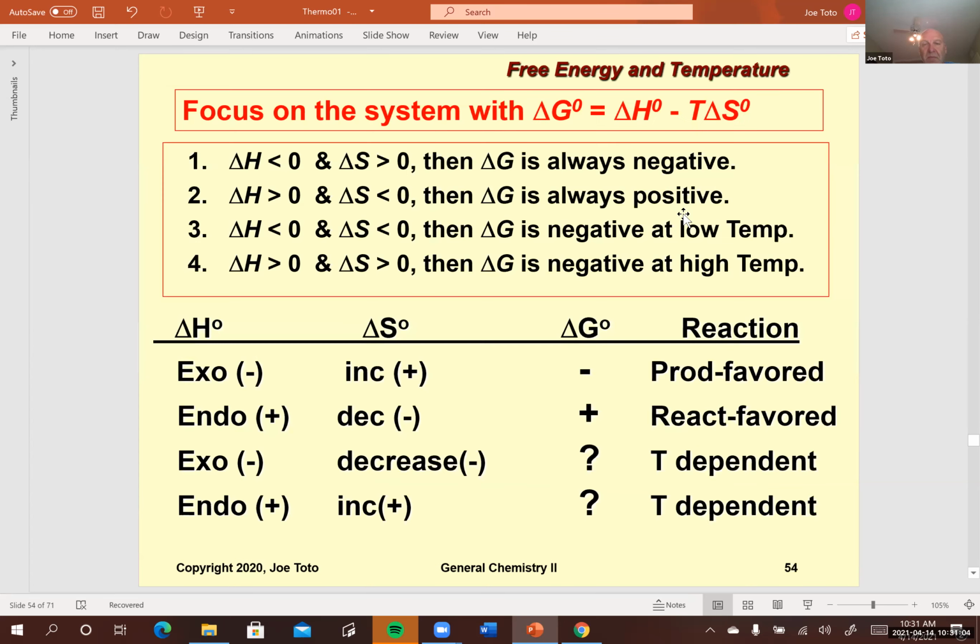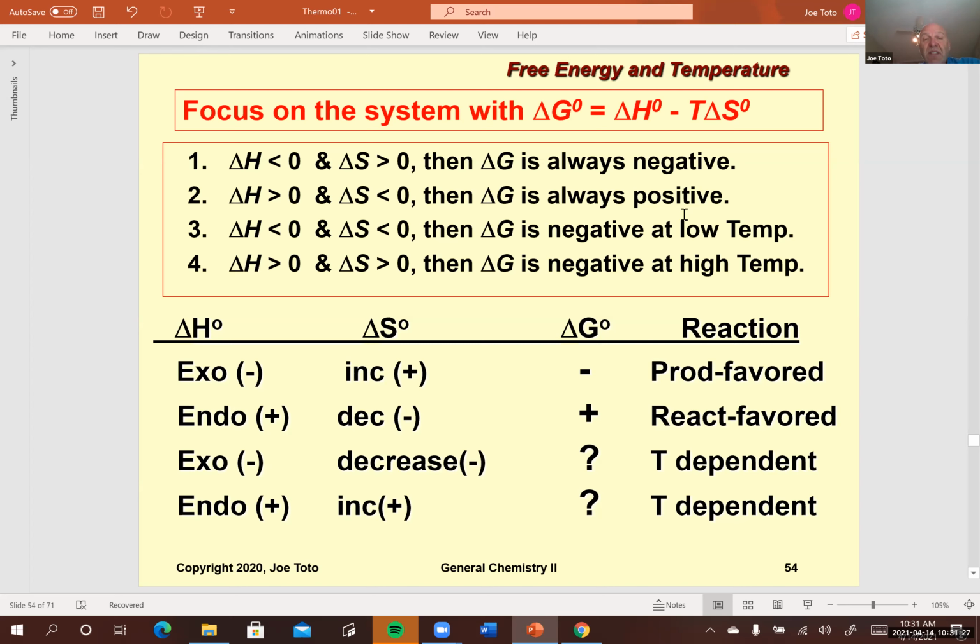All right, the last thing that I want to talk about today is the signs, and then I'll let you go to think about this because we're going to be applying this over and over again. So again, I want to take a look at the Gibbs-Helmholtz equation and dissect the signs.